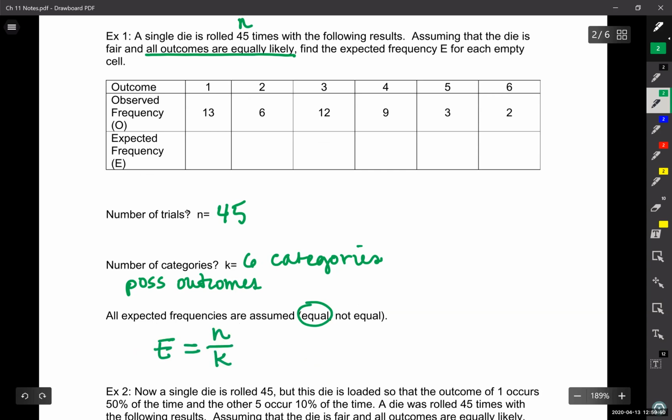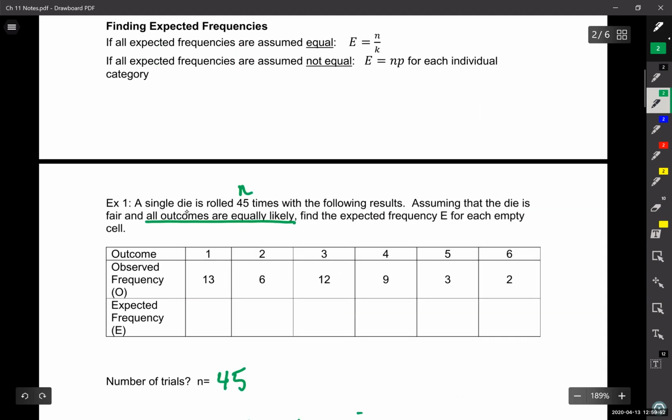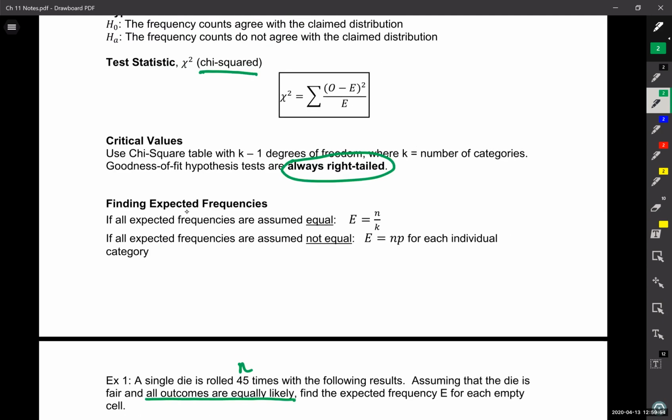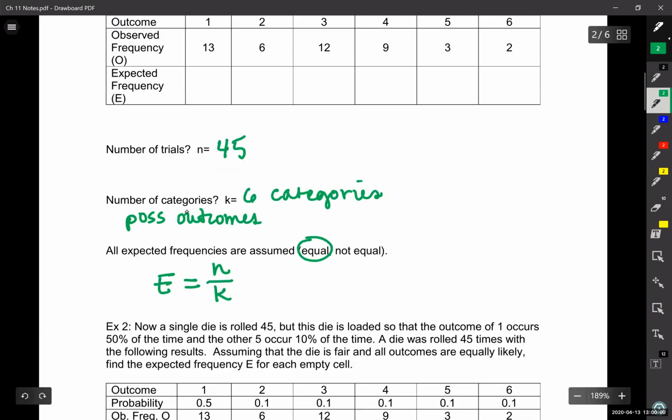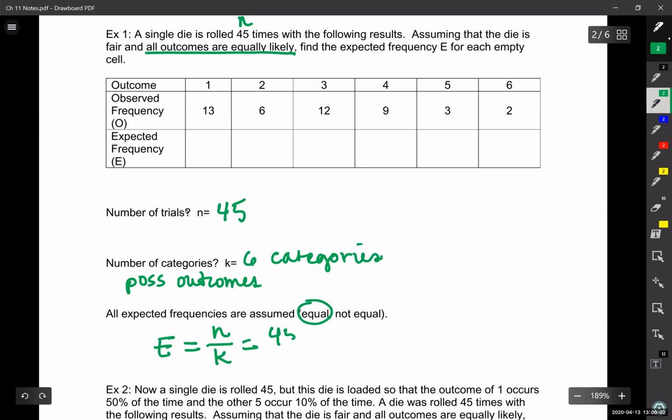I know that because going back to the last page, it says if they're equal, E equals n over k. All right, so I'm using that formula. I already know n. I already know k. Put that in your calculator. Works out to 7.5. So to answer the question, since they're equal, they're all going to be 7.5.